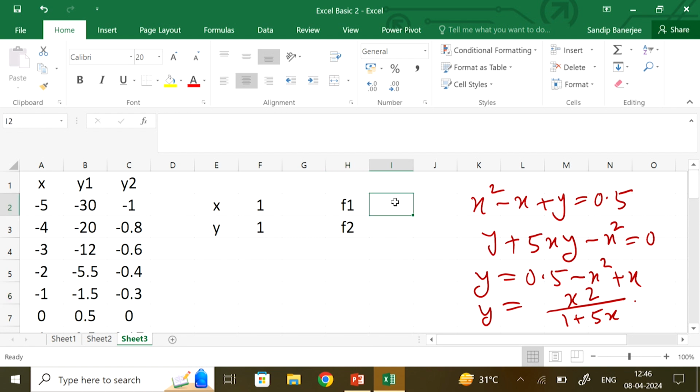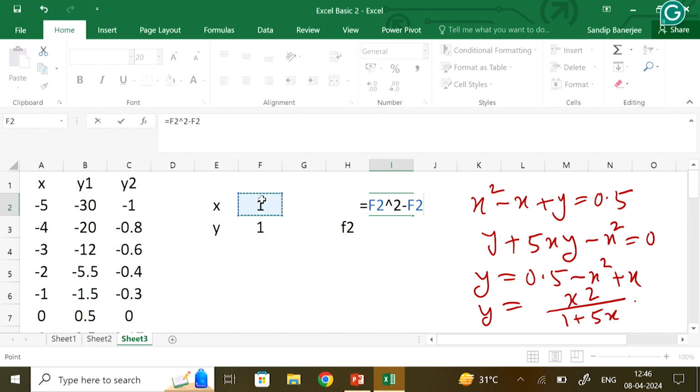So, the idea is again the same, that if x equal to x0 and y equal to y0 are the roots of this, then this value f1 and f2 must be 0, because they must satisfy the equation. So, this is equal to x square minus x plus y minus 0.5 and enter.